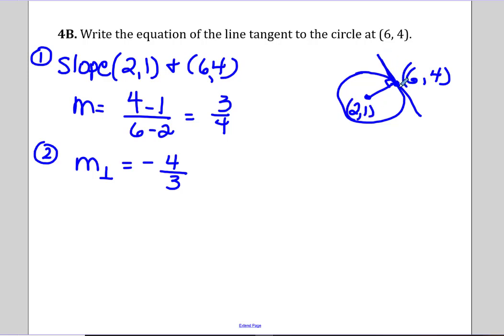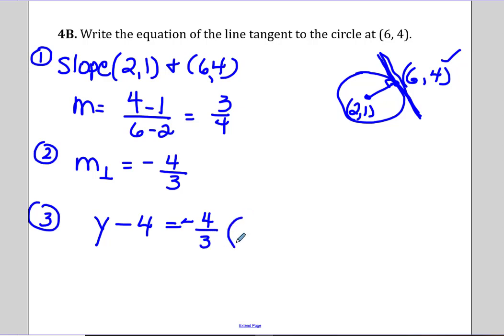So we're writing the equation for this line here, the tangent line. So the tangent line is y minus the y value, which is 4, is equal to the slope, -4/3, times x minus the x value, which is 6.